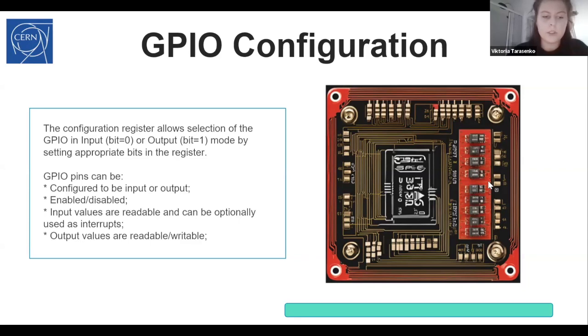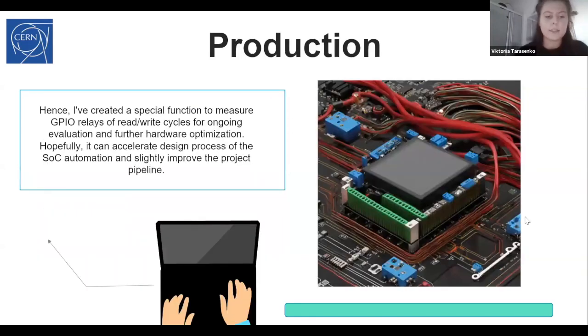It's crucial to get information about the workability of registers all the time to ensure they are functioning properly despite the radiation in the collider. And hence, we've created a special function to measure GPIO delays for read-write cycles for ongoing evaluation and user hardware optimization.